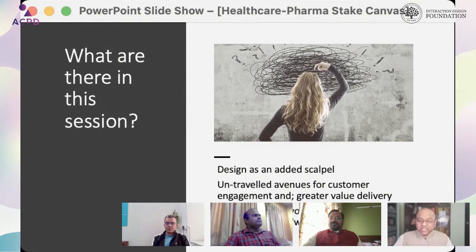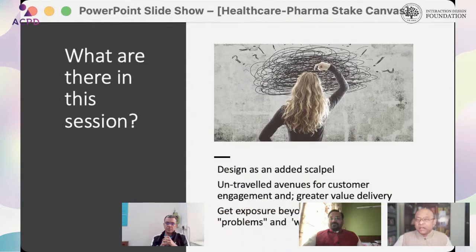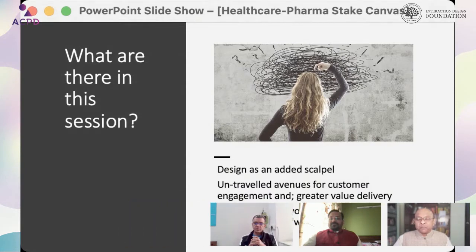So for this session, what are the key areas we should discuss? I have pointed out three major points here. For the healthcare professional, can design be an aided scalpel? It is like getting an additional instrument to operate on a very complicated surgery.